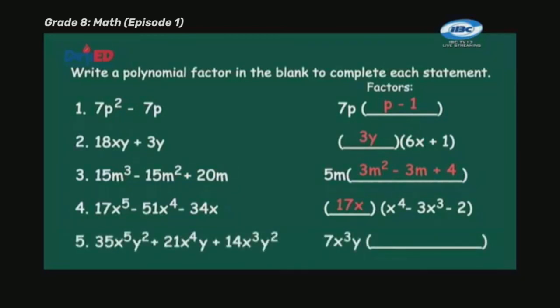What is the factor of the polynomial 35x raised to 5 y squared plus 21x raised to 4 y plus 14x cubed y squared if the greatest common factor is equal to 7x cubed y? The answer is 5x squared y plus 3x plus 2y.